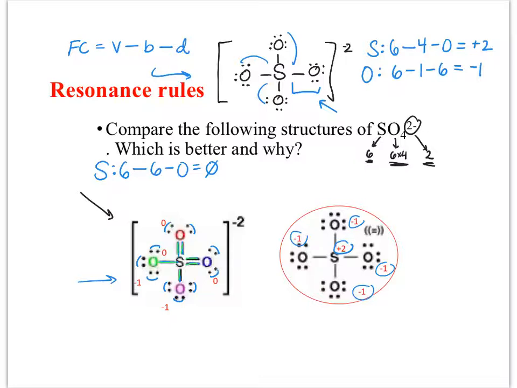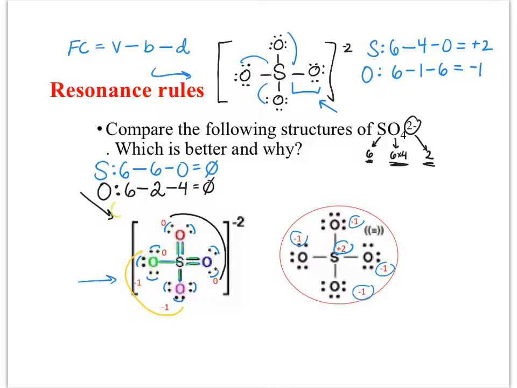Now, because these oxygens have been bonded non-identically to the sulfur, the formal charge on these 2 oxygens would be different than the formal charge on these 2 oxygens. You can see they're bonded differently. So for the oxygens that I have bracketed in black, 6 valence electrons minus 2 bonds minus 4 dots is 0.